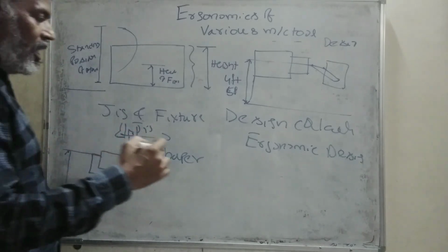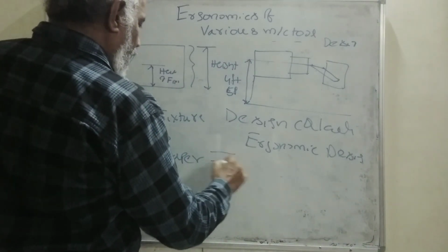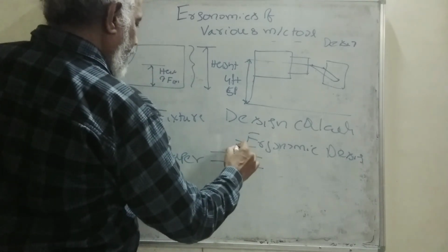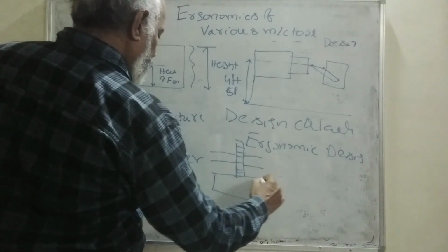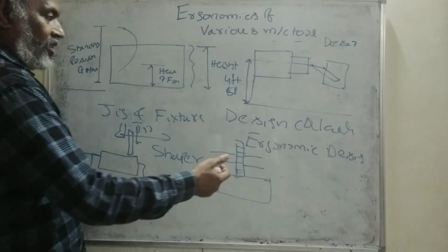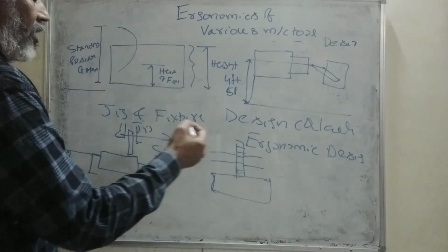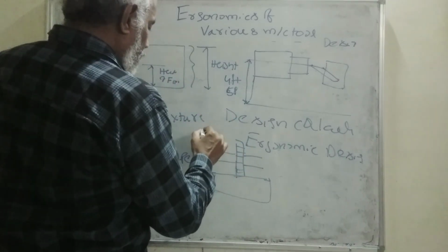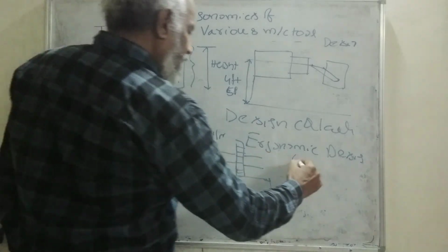Similarly, in the drilling machine, the height of the jig and cutter will be based upon the fixture location, and the fixture location is based upon human ergonomics. In this way, we have the lathe, shaper, milling machine, and grinder.